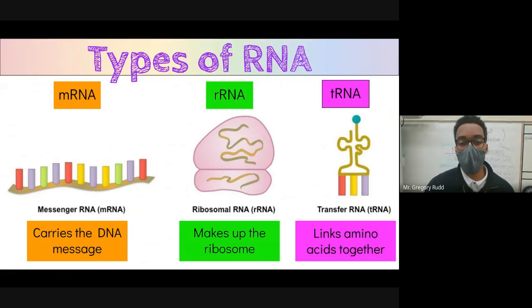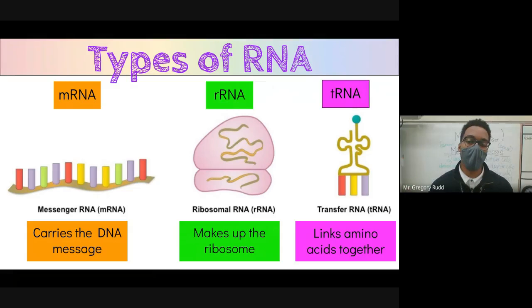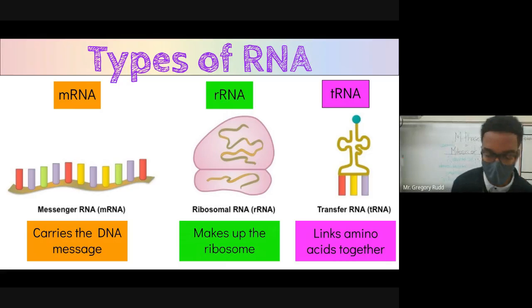The ribosome is made up of some proteins, but also some RNA called ribosomal RNA. And then lastly, there is transfer RNA, tRNA. This is what actually brings the amino acids to the ribosome. It transfers the amino acids to the ribosome so that they can be linked together to start to make a protein. So please make sure that you're writing down these three types of RNA.